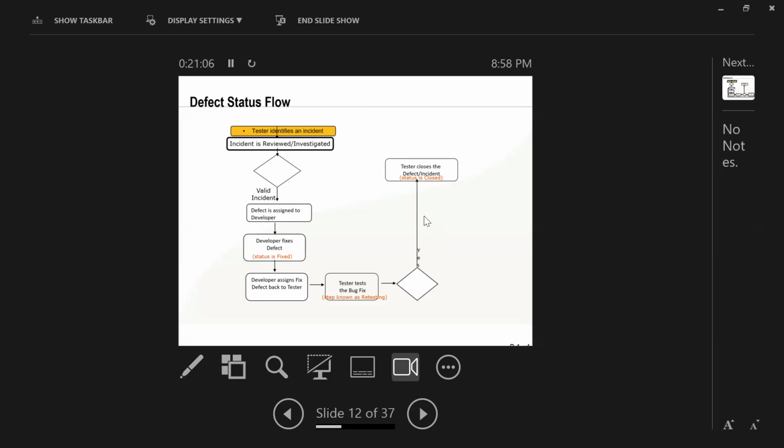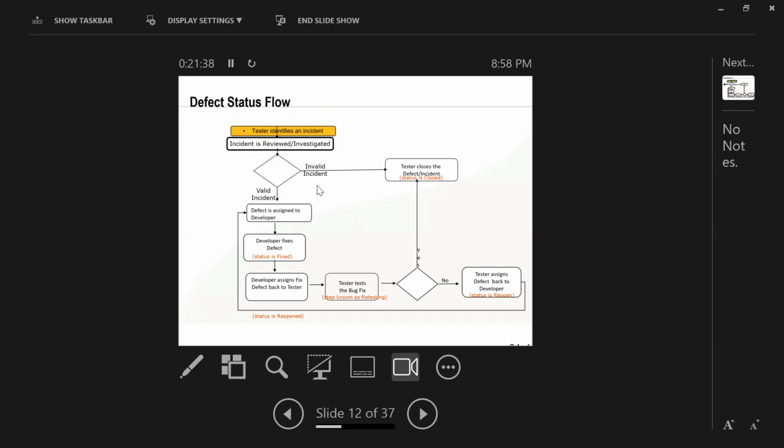Once we retest, if it is not working even after the fix, then we reopen it: change the status to Reopen and assign it back to the developer. If it is closed, fine; otherwise they will reopen, and again the same process. After reopen, it is assigned to the developer and the cycle repeats.